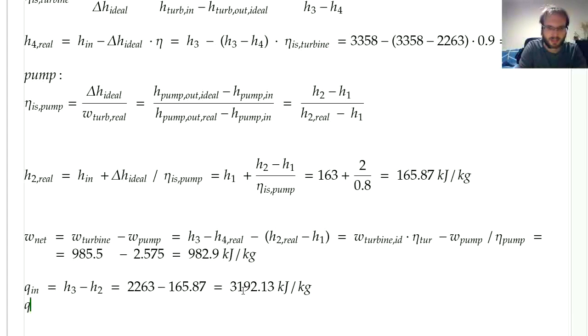The rejected heat, on the other hand, increased a little bit more because of the turbine outlet, which is now at considerably higher entropy, and it's H4 turbine outlet minus H1 condenser outlet.